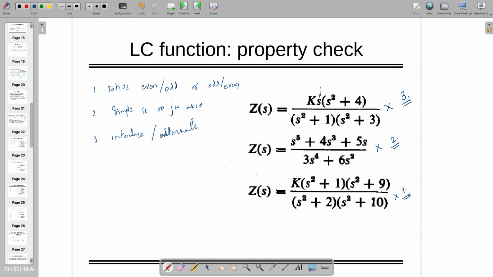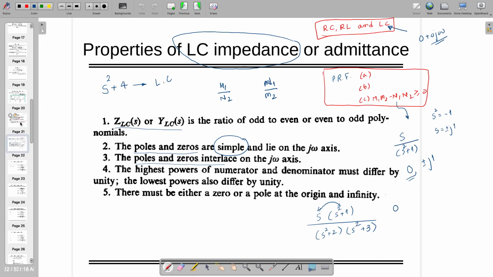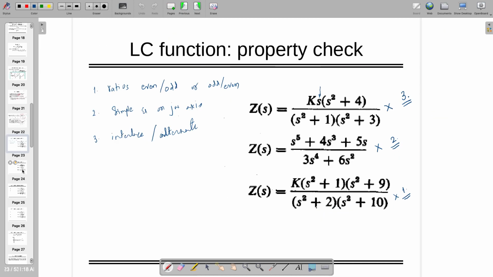So you can check whether they are following LC impedance function or not, because you will not be asked that generally. It's not the question. Generally, what people are asking is, synthesize this impedance function. So you have to check whether it is LC, RC, or RL. When you are studying LC, then it looks easier.